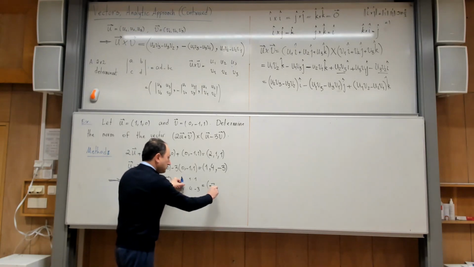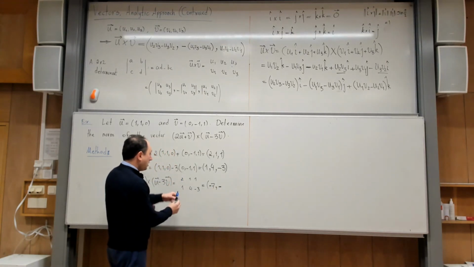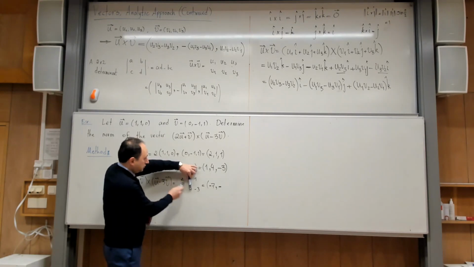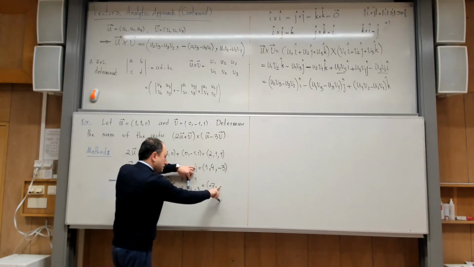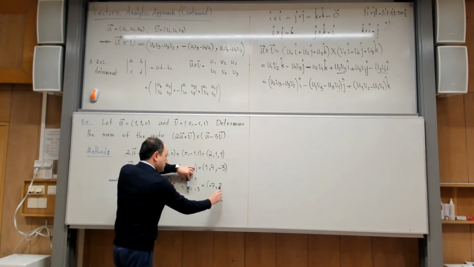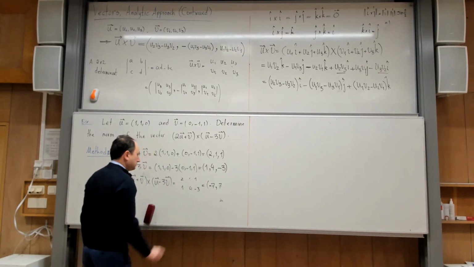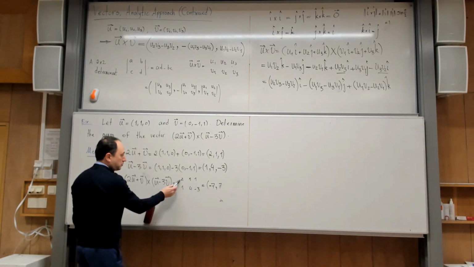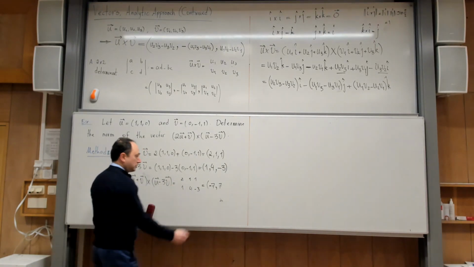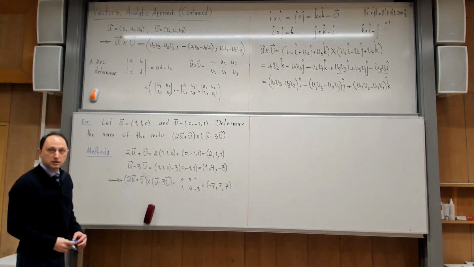For the middle one, I put the minus sign not to forget, and then cover the second column and do the same. So it is minus 6 minus 1 is minus 7, but I had an extra minus sign, so it becomes positive 7. For the norm it doesn't matter, but you should be careful. And finally, I cover the last column and multiply, and this also becomes 7. Is that understandable?